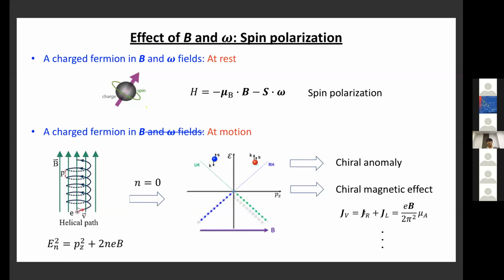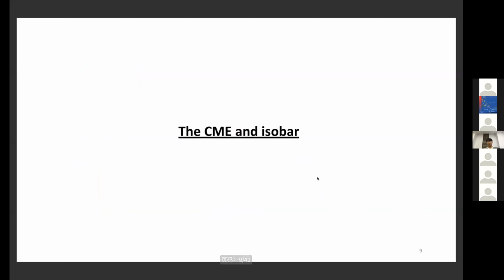More careful calculation can show that this effect gives you a vector current proportional to the applied B field, and also to the balance between the right-hand and the left-hand fermions. So in the following, let's focus on the chiral magnetic effect.